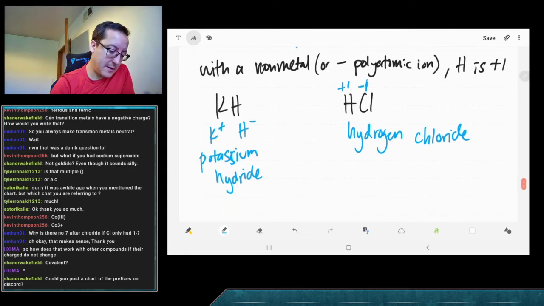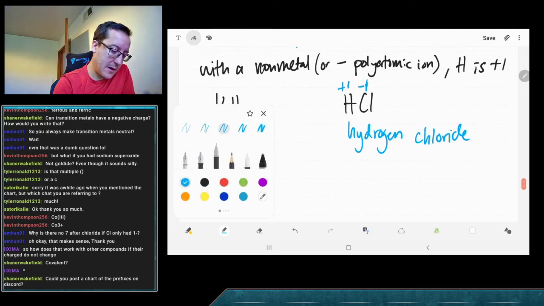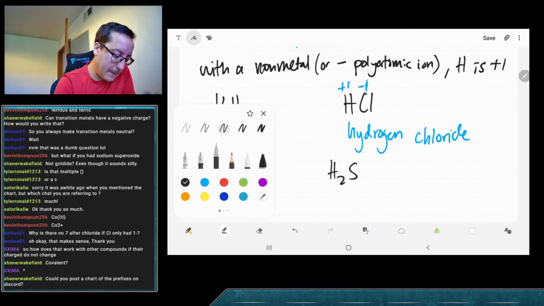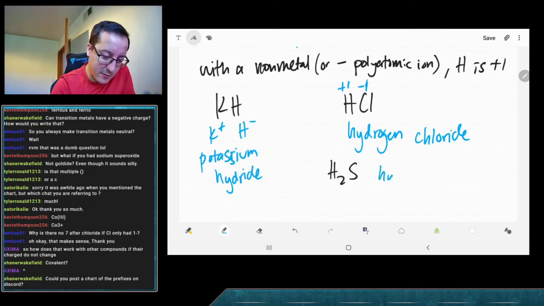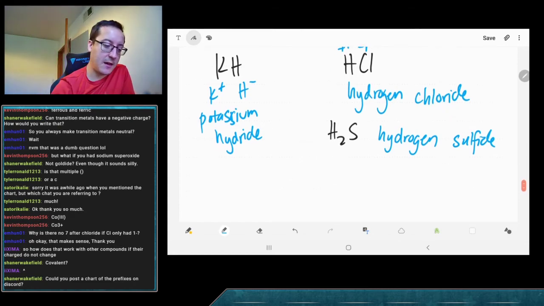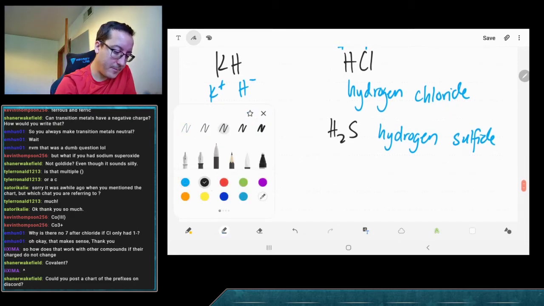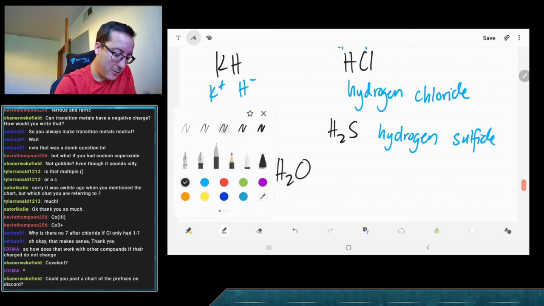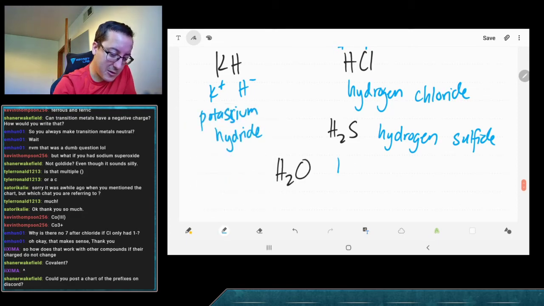So we are going to treat naming stuff with hydrogen as if it were a metal. So we could say also something like, we are going to call this hydrogen sulfide. Okay, we are going to treat it as a metal. And look here, this is actually just hydrogen oxide.